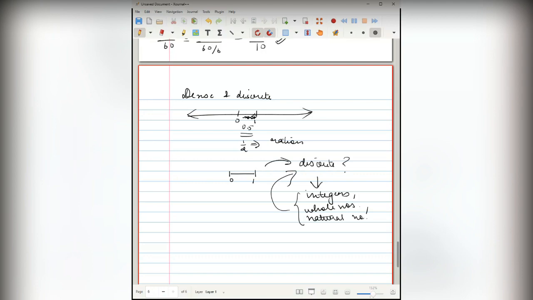Let's take an example. Just don't think that this is some unit. Just think that this end is 2 by 5 and this end is 4 by 5. Just for example, can I have some rational number in between? I can. 2 by 5 plus 4 by 5 is basically 6 by 5. And if I divide it by 2, that is the average, right?